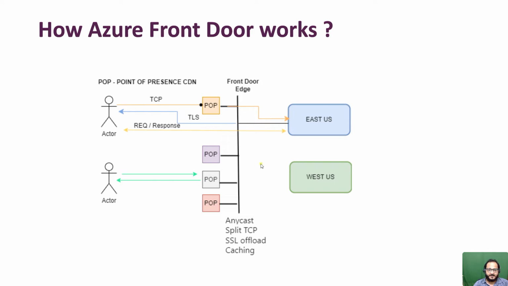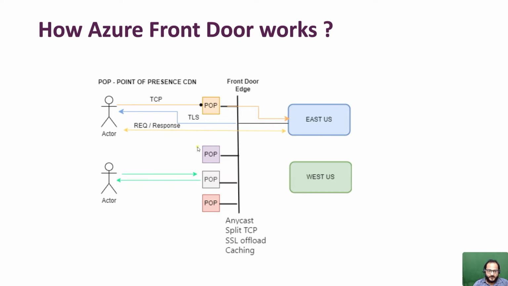So what is happening here now? I will come to these terms a little later, because everything is going to happen with these terms only here in Azure Front Door. So now the second user, whenever he requests the same content from these regions, for example, the West US region, it will not go to this location.